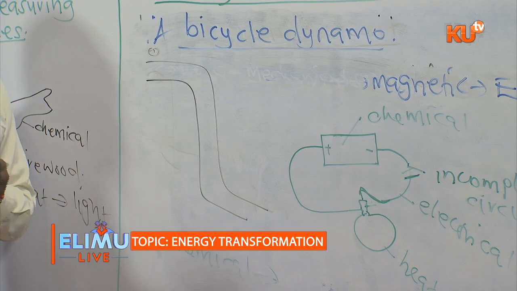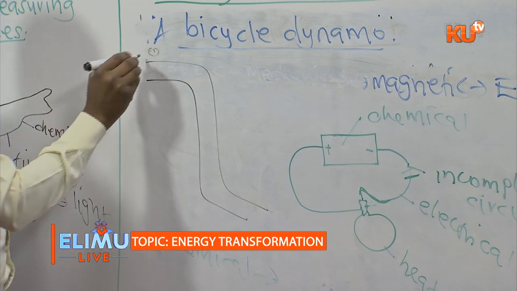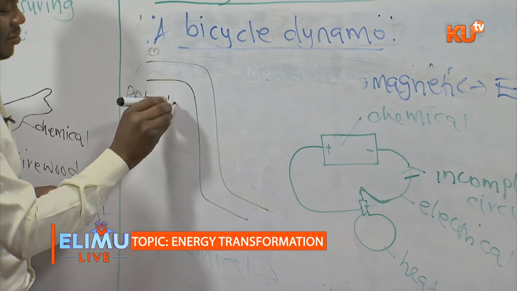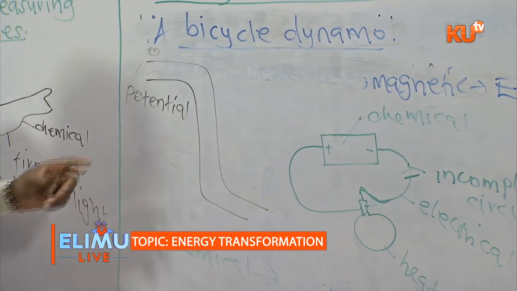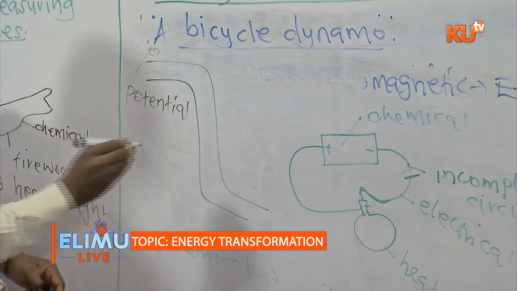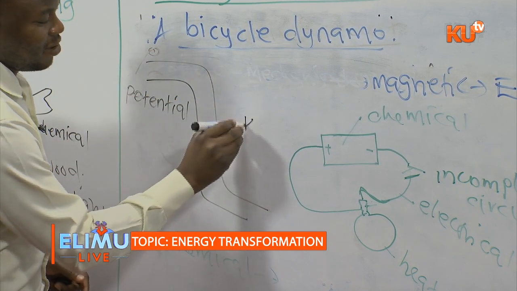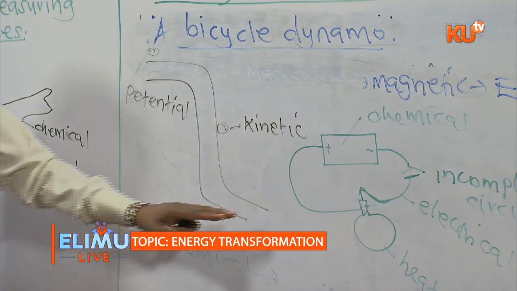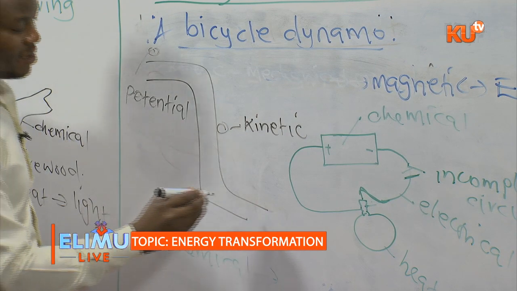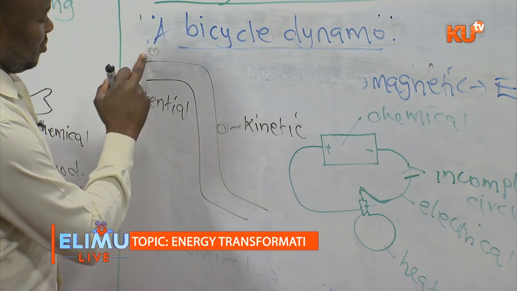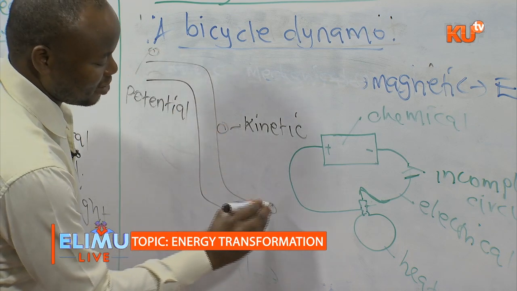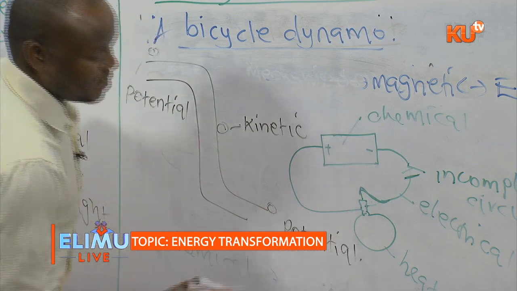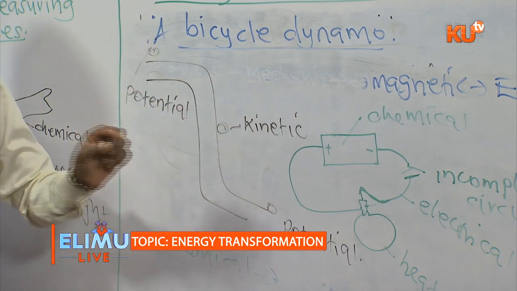It is at rest, so it has potential energy. When it's released, it rolls down. It is now in motion: kinetic energy. Then it will stop somewhere here: potential. So it goes potential, kinetic, potential. That is the energy transformation in a rolling stone.